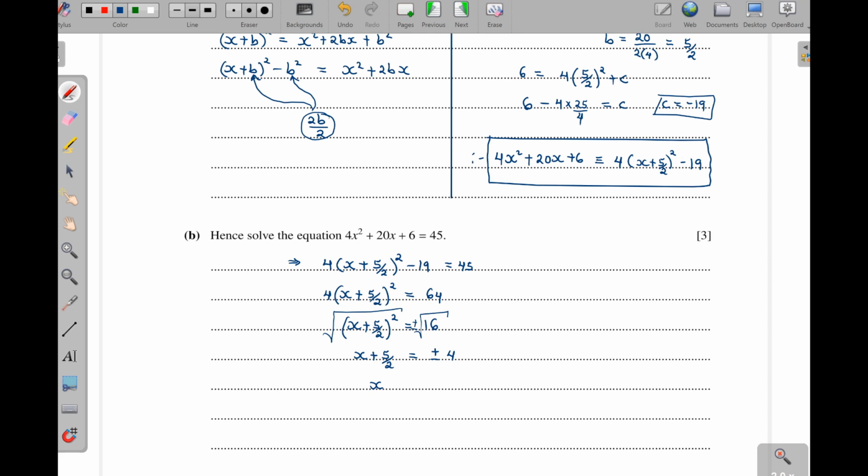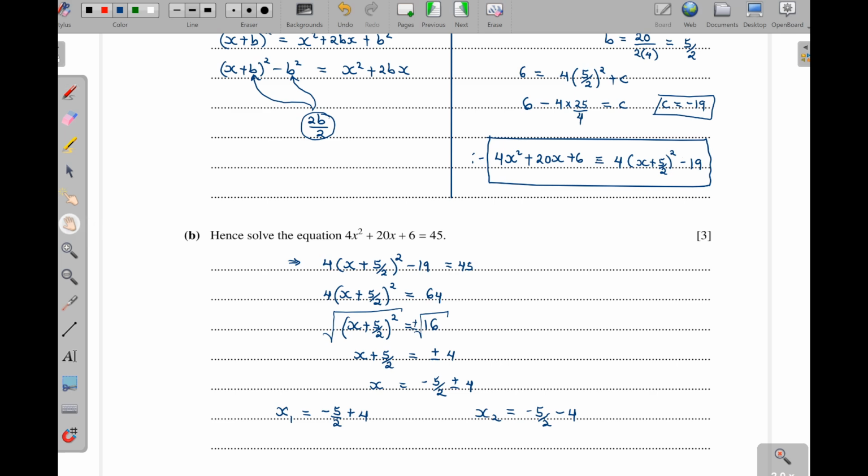So that means x is going to be equal to negative 5 over 2, because here it is positive. When it crosses the equal sign, it becomes negative. Then plus or minus 4. So meaning x1 you consider the positive, and then x2 you consider the negative.